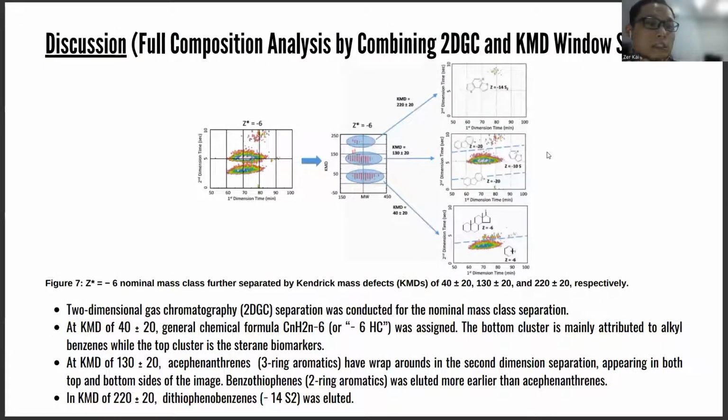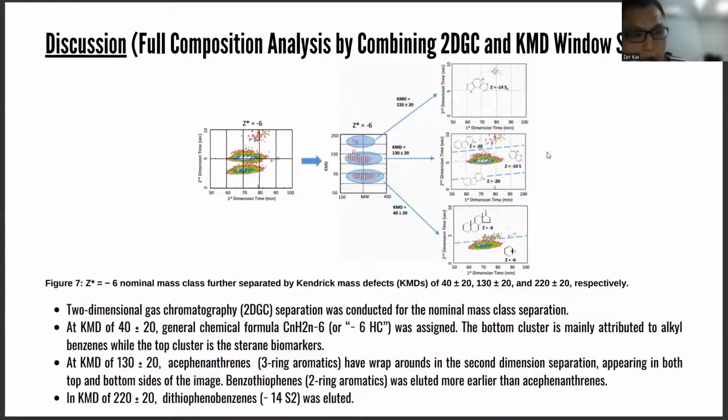And now we discuss the full composition analysis by combining 2D GC and KMD window selection. Two-dimensional gas chromatography, 2D GC, separation was conducted for the nominal mass class separation. At KMD of 40 plus minus 20, the general chemical formula CnH2n-6 was assigned.